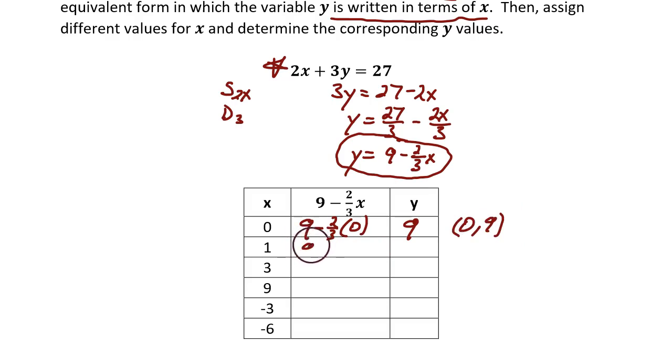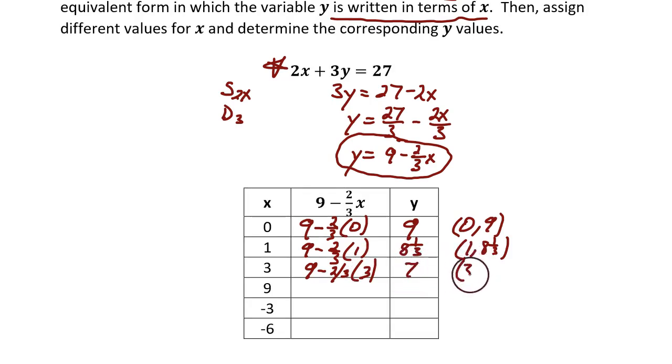Now let's substitute 1. 2/3 times 1 is 2/3, and 9 subtract 2/3 is 8 and 1/3. This is the ordered pair, 1, 8 and 1/3. Now let's substitute 3. 2/3 times 3 is 2, and 9 minus 2 is 7.